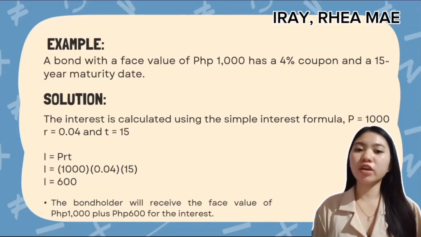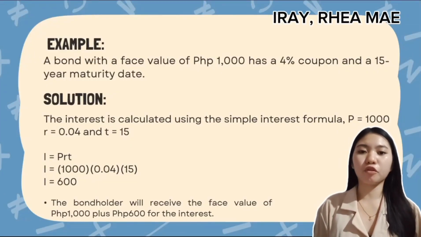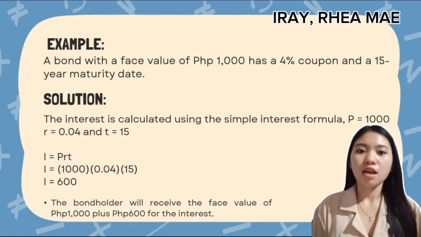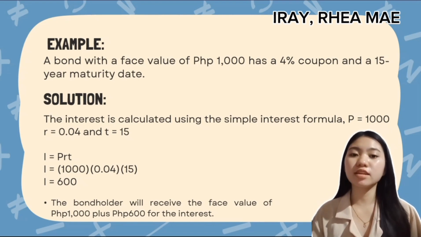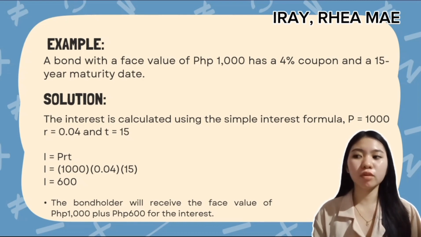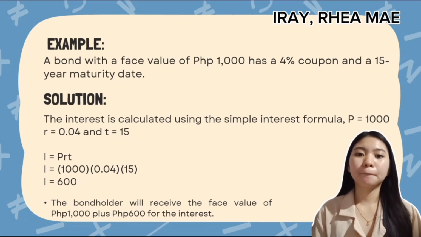A par value or face value of a bond is the original amount of money borrowed by a particular company. Most of them issue a face value of 1,000. So here is the example. A bond with a face value of 1,000 pesos has a 4% coupon and a 15-year maturity date. The interest is calculated using the simple interest formula. Our formula is PRT: principal, rate, and time.